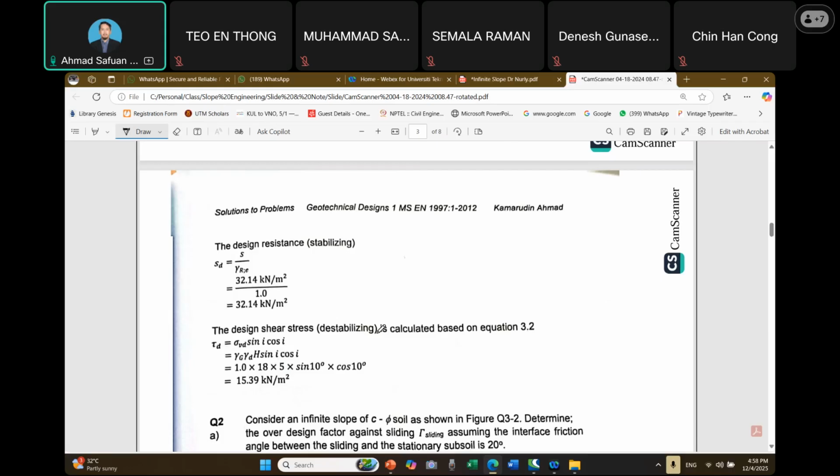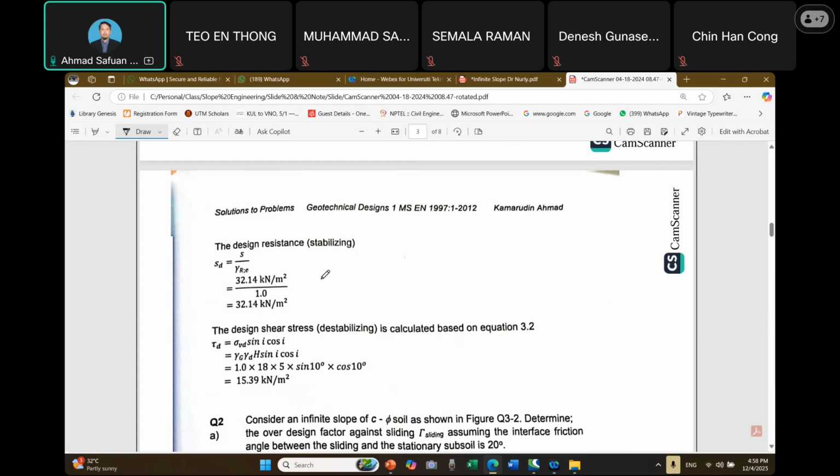Then we use the unfavorable partial factor. Then we obtain tau D equal to 15.39.